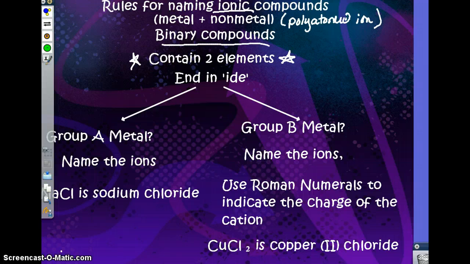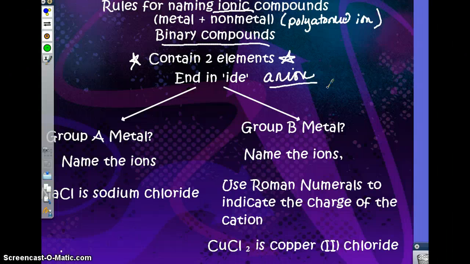When there are only two elements in the compound, the anion is going to end in -ide. The next question we're going to ask ourselves is, in this binary compound where there are just two elements, let's take a look at the metal.